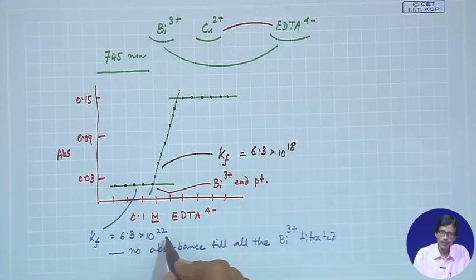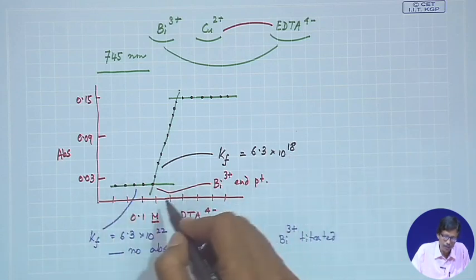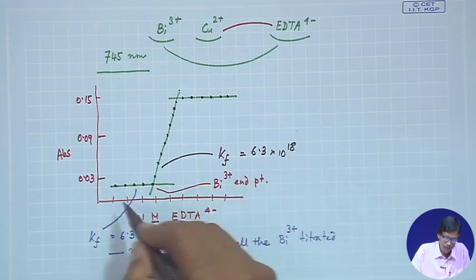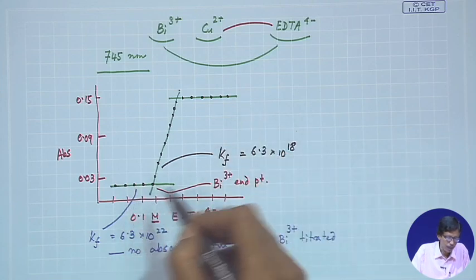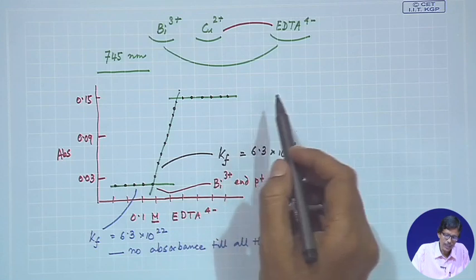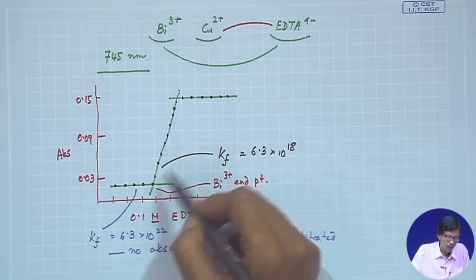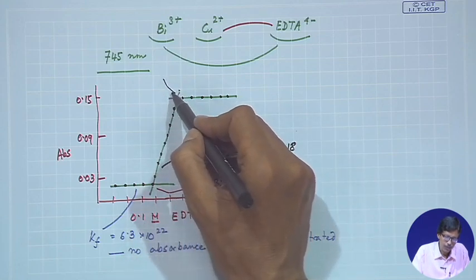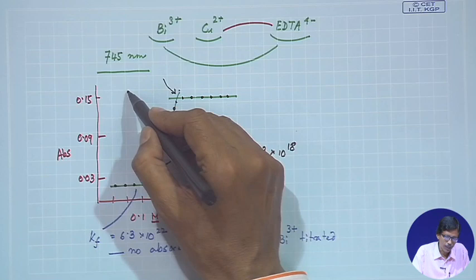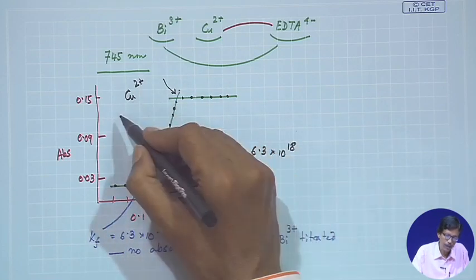It was 10 to the power 22 and now it is 10 to the power 18. When the bismuth has been consumed by the EDTA, then EDTA will try to react with your copper 2 plus. So, this will go on increasing till we reach this particular point, which is your copper 2 plus endpoint, like that of your bismuth 3 plus.